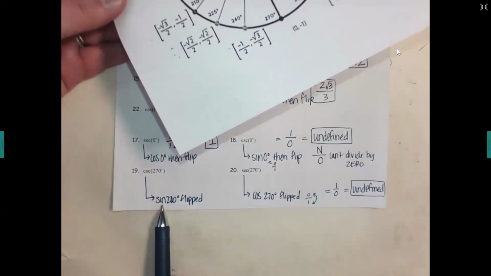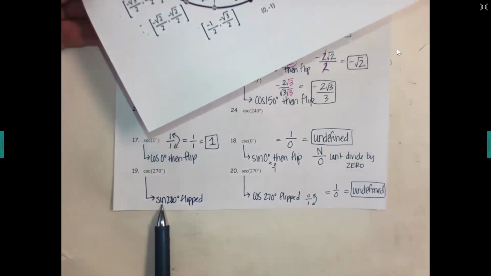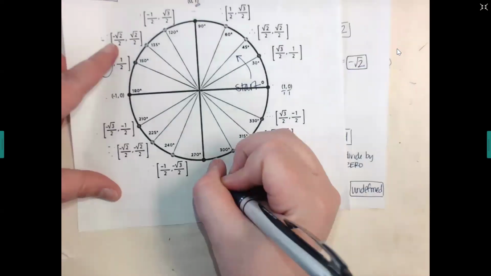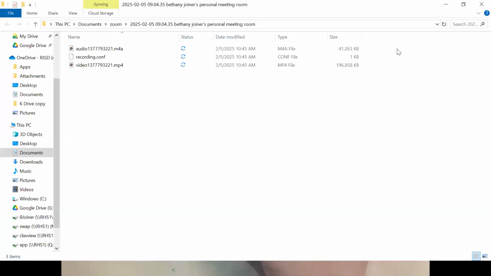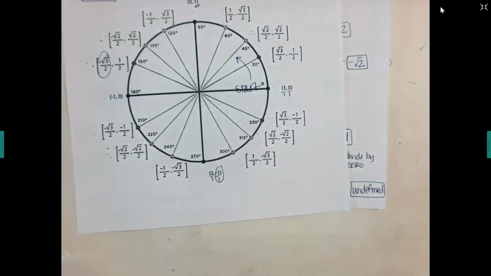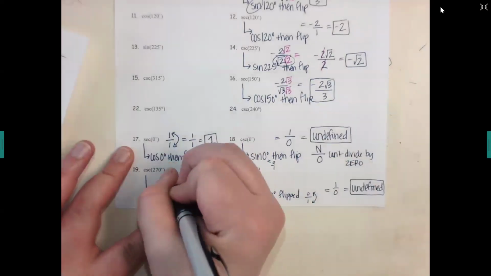Okay, versus for my Y value for sine, let's look back at our circle. So it was originally negative 1 over 1. So if I were to flip this, okay, negative 1 over 1 is going to flip to 1 over negative 1.